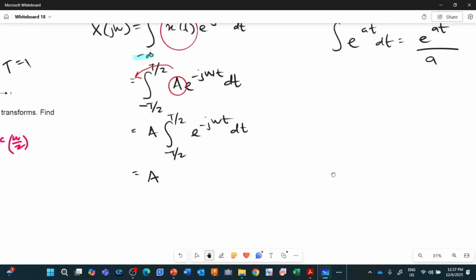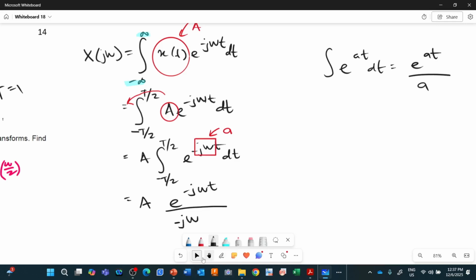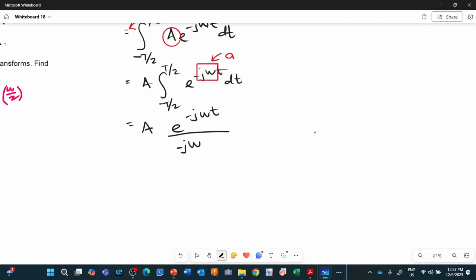So what is a in this equation? It is only minus j omega, not including t. So you get e to the minus j omega t over minus j omega, evaluated from minus tau over 2 to tau over 2.